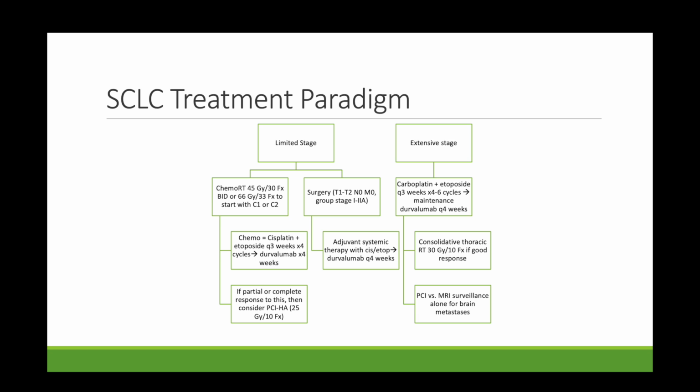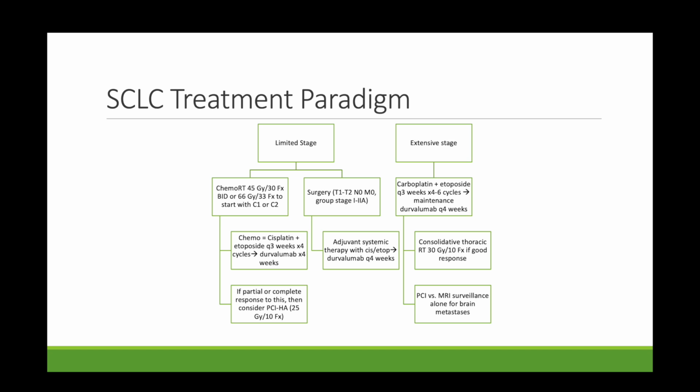For limited stage, we do not have any randomized evidence supporting MRI surveillance with SRS if they develop brain mets. And so the standard is still PCI, that's 25 gray in 10 fractions. We use an IMRT approach and perform hippocampal avoidance so that we're sparing their memory centers.